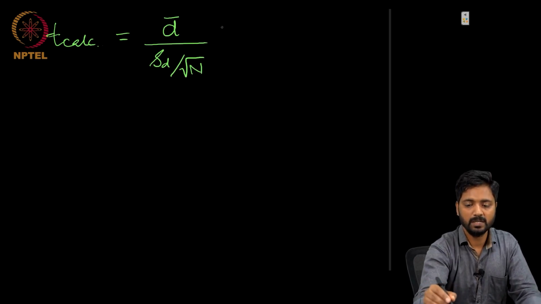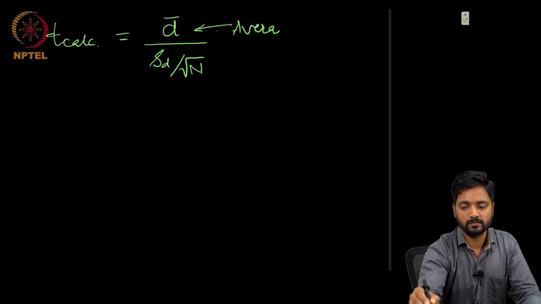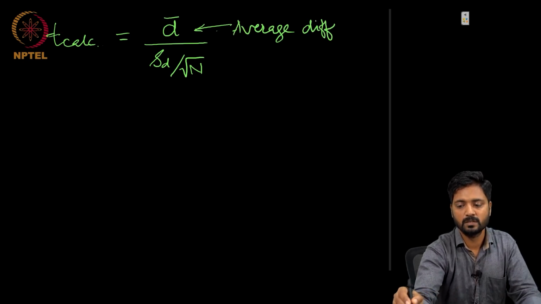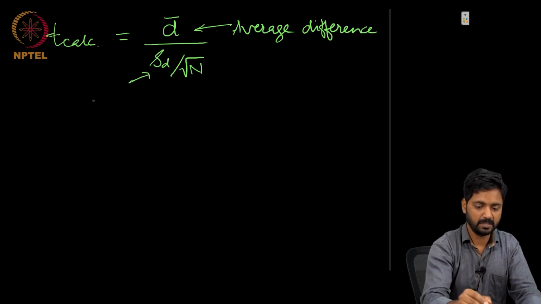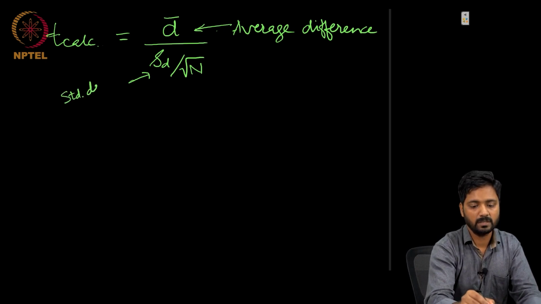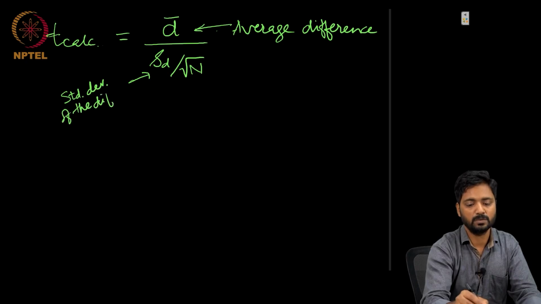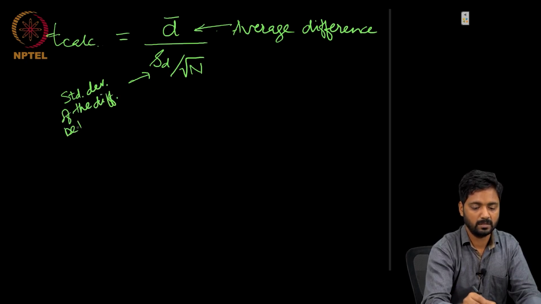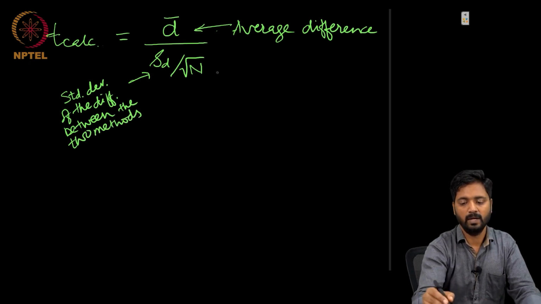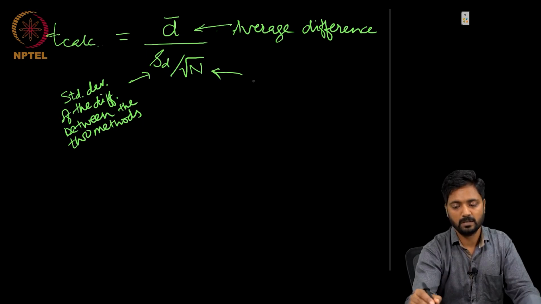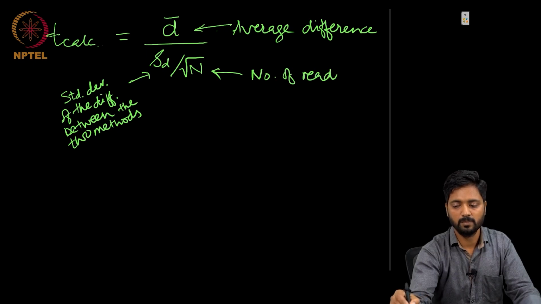Now d bar here is the average difference between the two methods, SD is the standard deviation of the differences between the two methods, and of course root n, the n is the number of readings being compared.